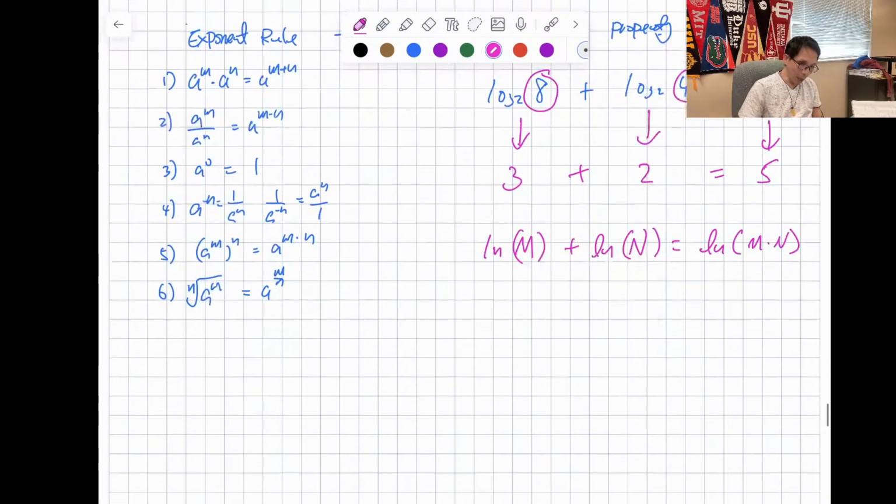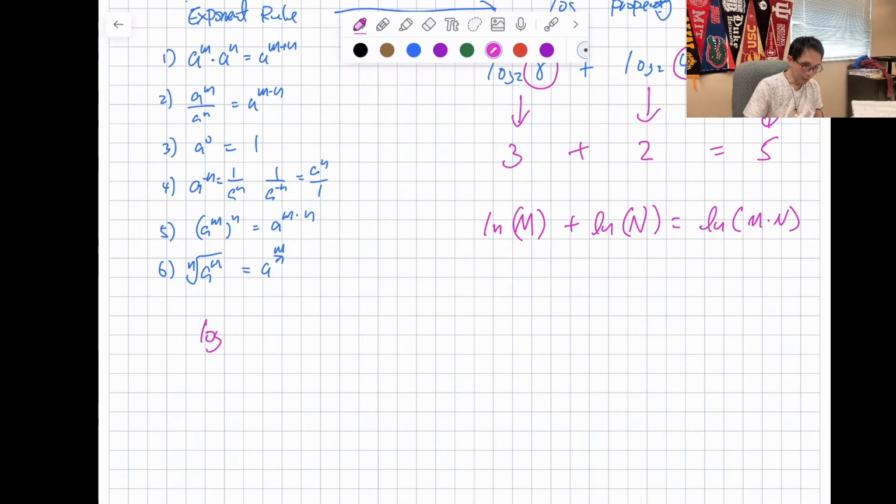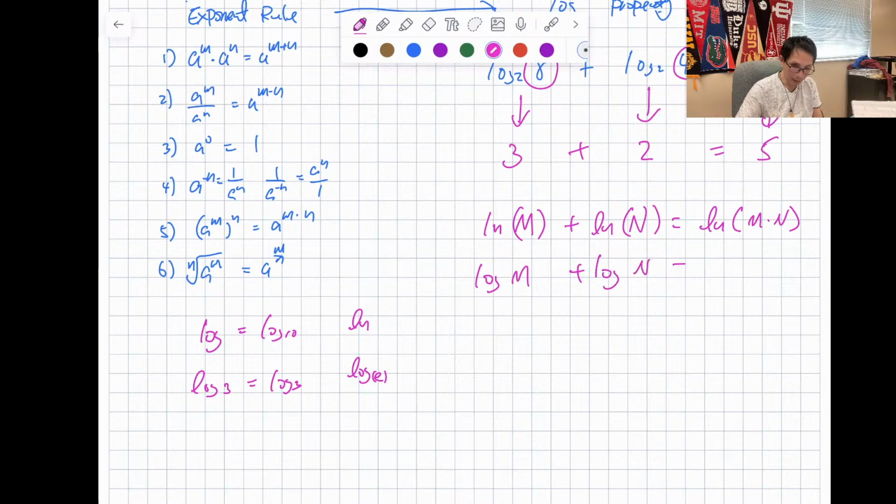If it's a common log, that just means log base 10. Sometimes we have dictated bases, let's say 3, this is log base 3. But if it's natural log, that just means log base e. But I can replace this with log of m plus log of n. They still follow the property. They can interchange.